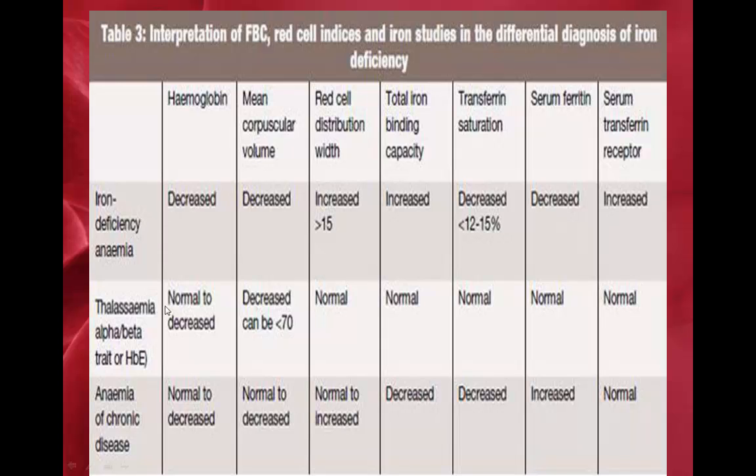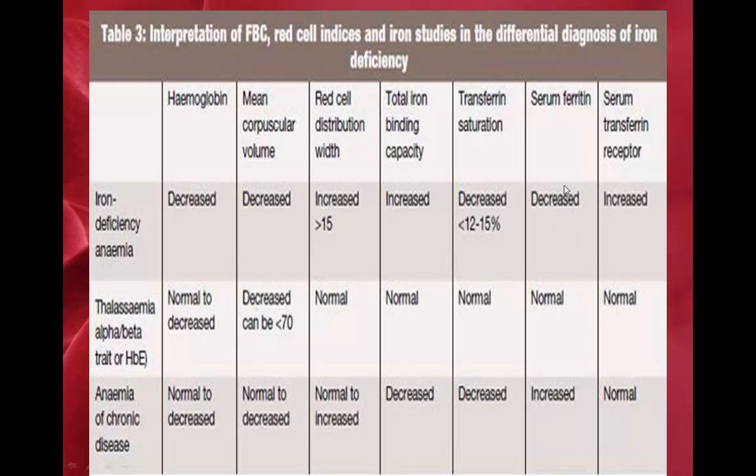You have the hemoglobin decreased, mostly in both. You have MCV decreased because both are microcytic. Okay. You have the red cell distribution width, which is increased, and this is normal in thalassemia. Transferrin will be decreased as a method of storage and transportation, okay, and it will be normal in thalassemia as well.